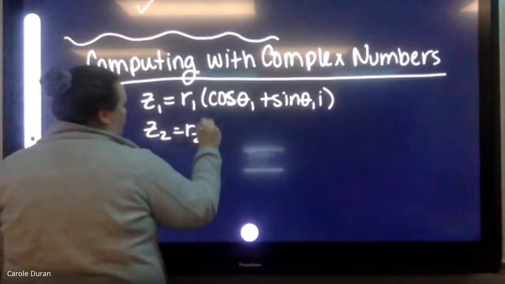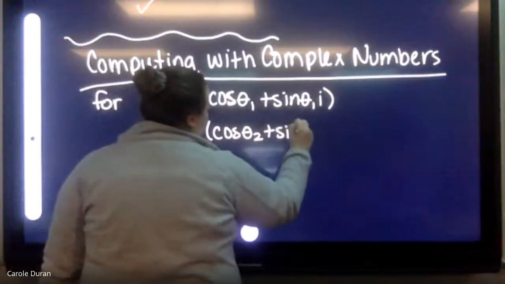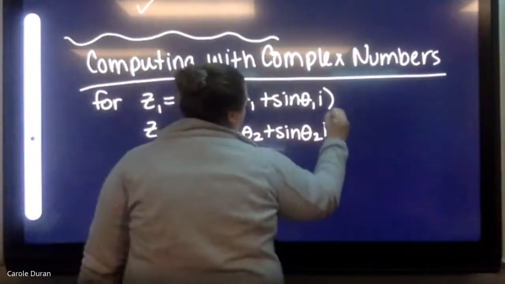So r2 cosine theta 2 plus sine theta 2 i.